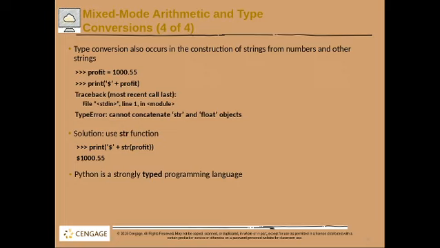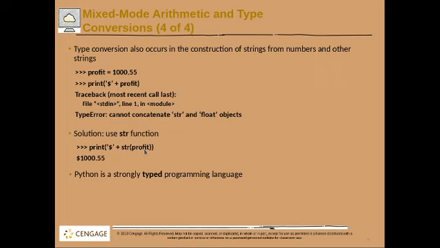It also occurs in the construction of strings from numbers and other strings. For example, we have the value 1000.55 given to the variable profit, and we have a dollar sign. You cannot concatenate a string and a float object.